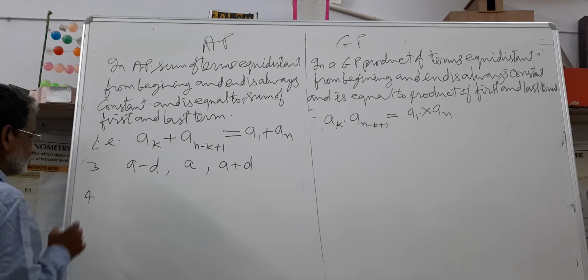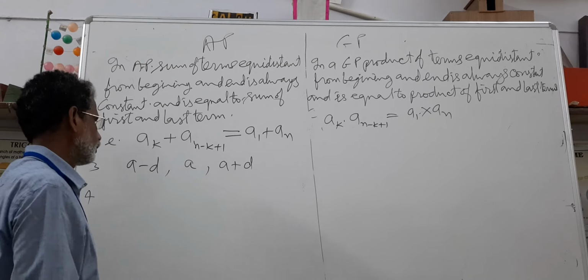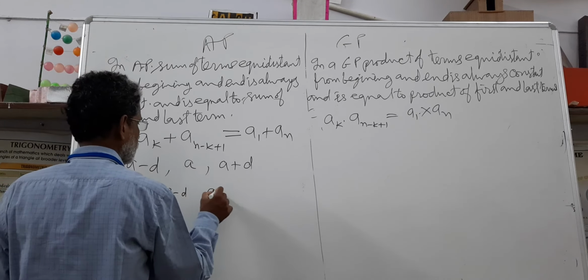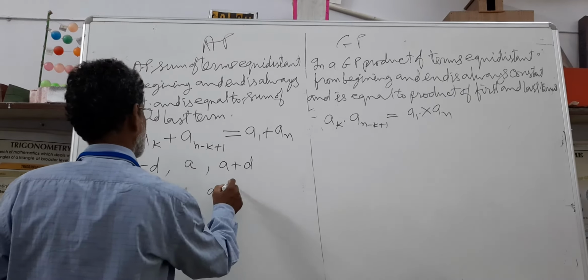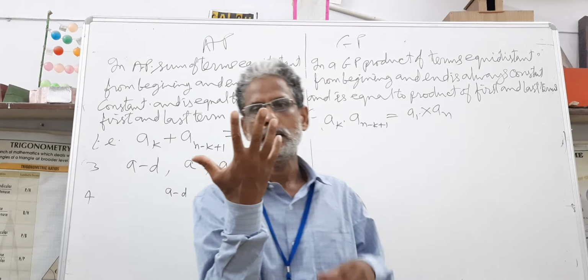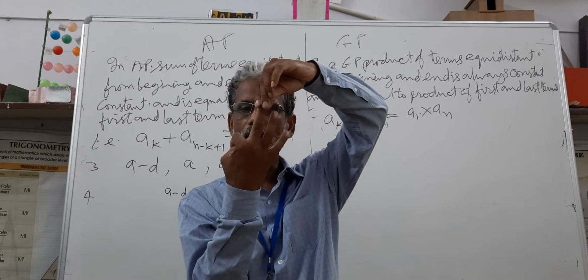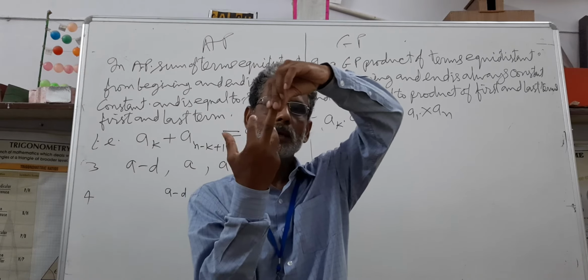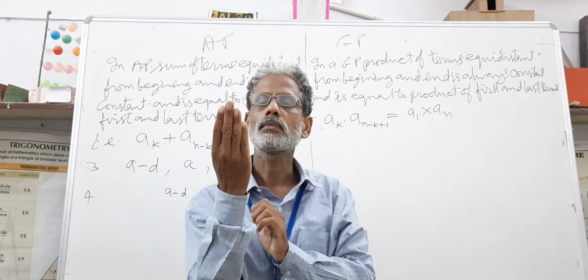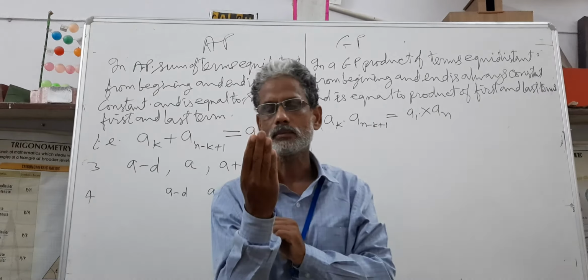But if you want to select 4 terms, then your terms will be like this: A minus D, A plus D. If the number of terms is odd, then there will always be a controller in the middle, half left, half right. But if the number of terms is even, then there will be no such middle controller.